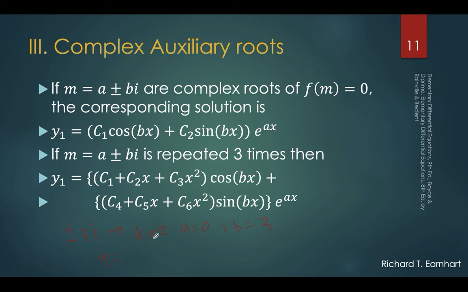Then you have 2 here, so 4 arbitrary constants. So c1 plus c2x, and then the cosine function, cosine 3x. And then another polynomial here, c3 plus c4x, and then the sine function.